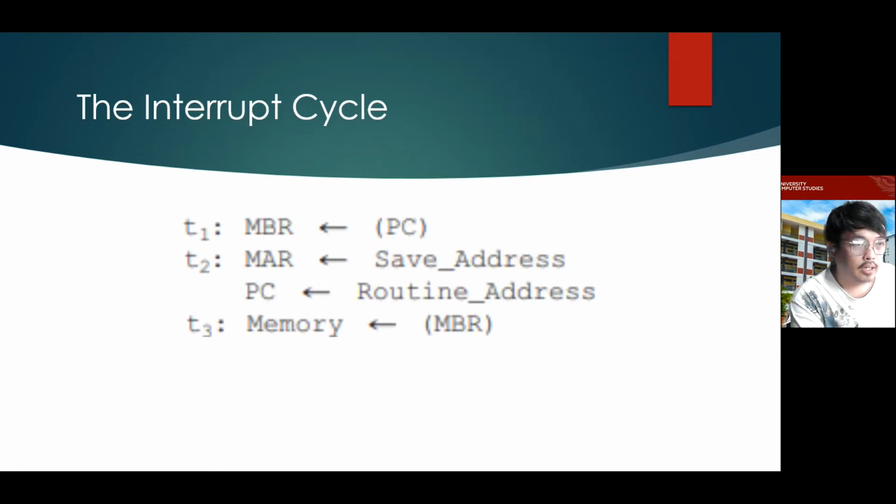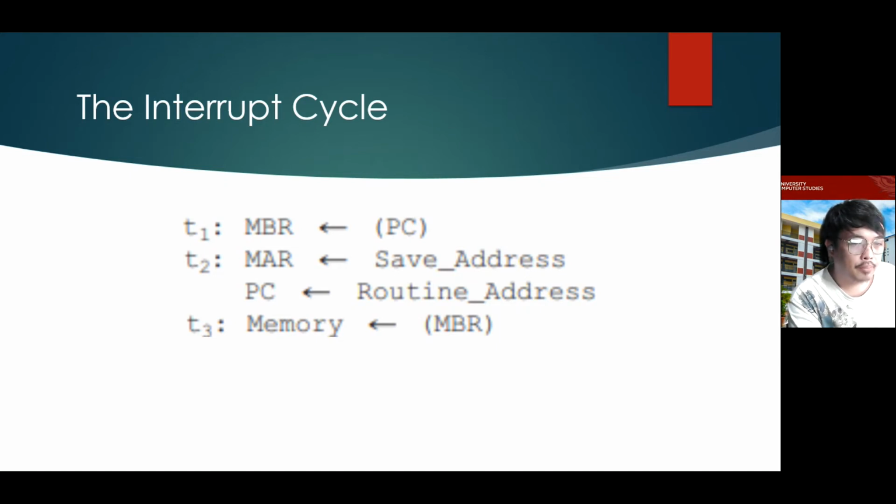Let's go with the interrupt cycle. At the completion of the execution cycle, a test is made to determine whether any enabled interruption has occurred. If so, the interrupt cycle occurs. And the nature of the cycle varies greatly from one machine to another.